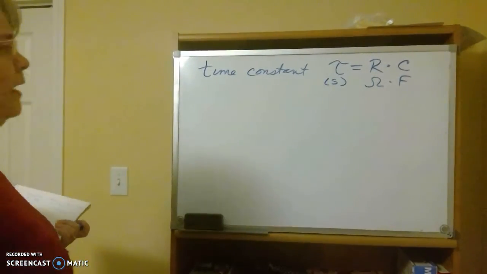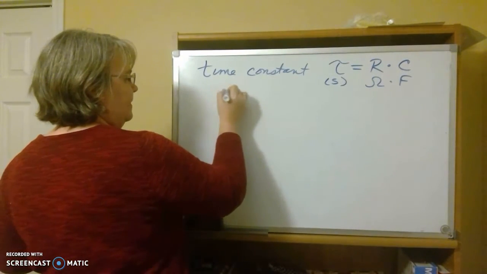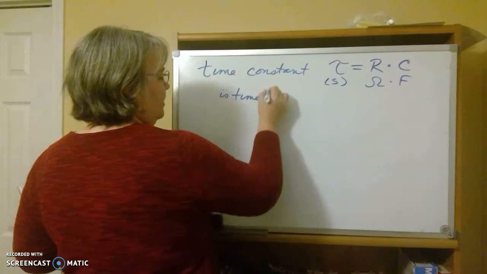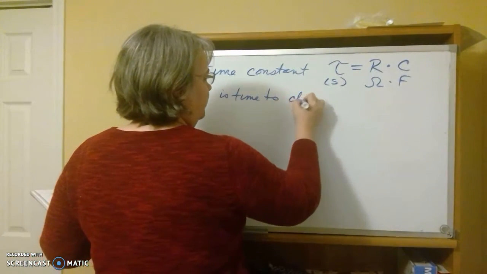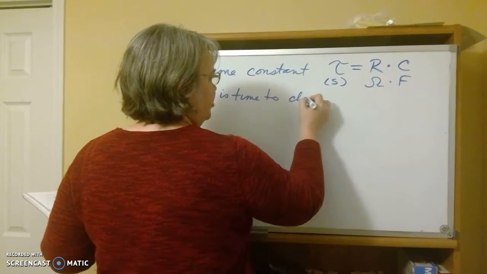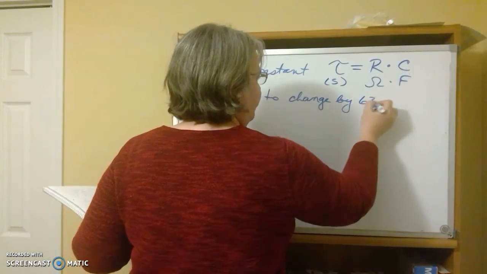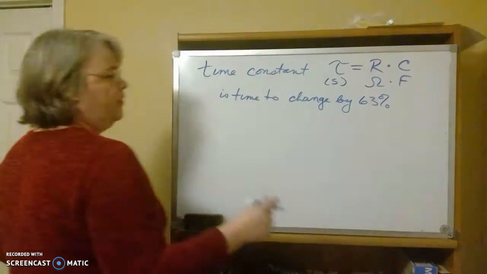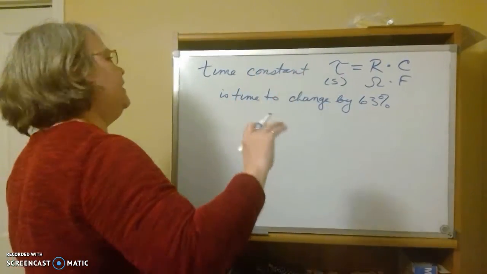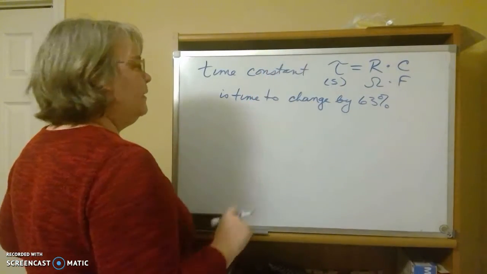Okay? And the time constant is the time to change by 63%. So if I'm charging up a capacitor, it's how long does it take to get it 63% full.